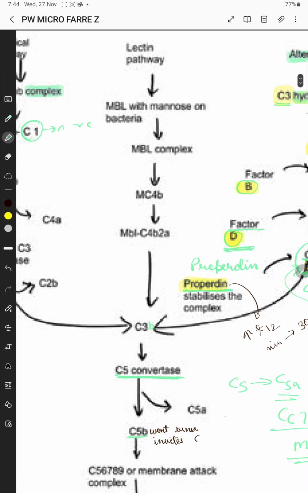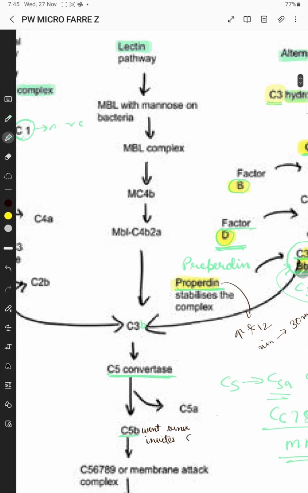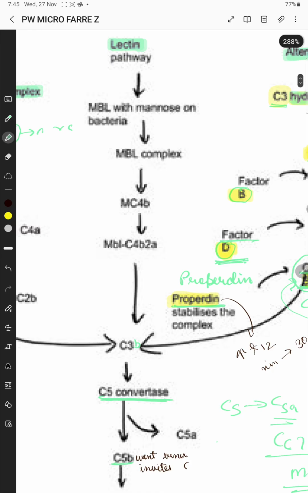The third pathway is the lectin pathway. The lectin pathway is initiated when the mannose binding lectin binds to the mannose on the bacteria. On the microbes, mannose will be present.